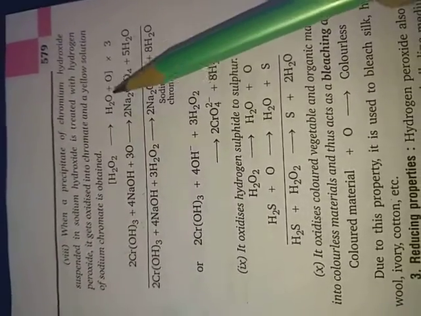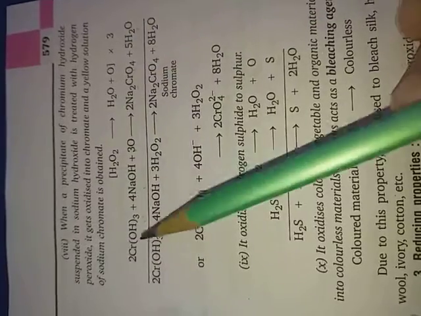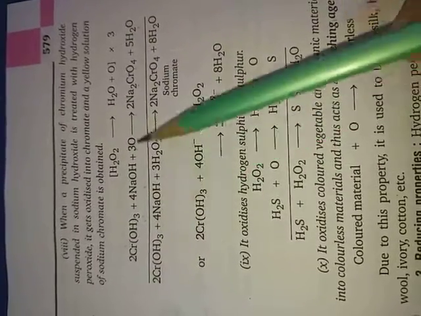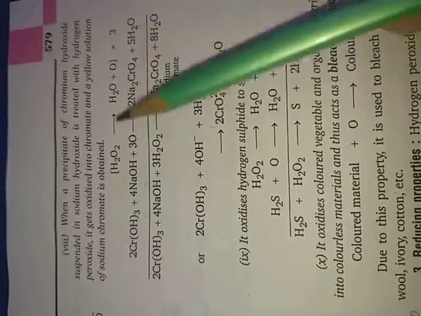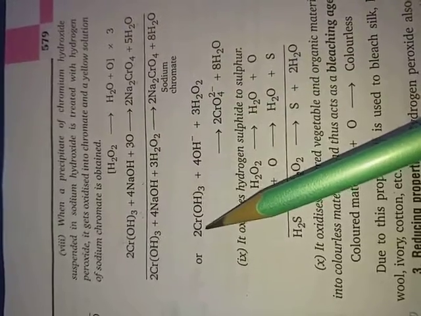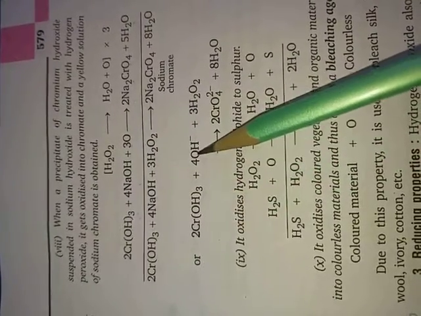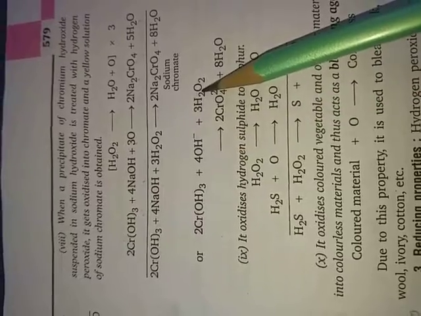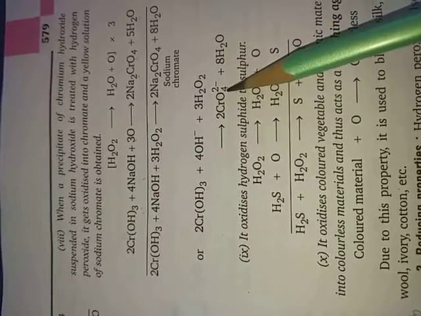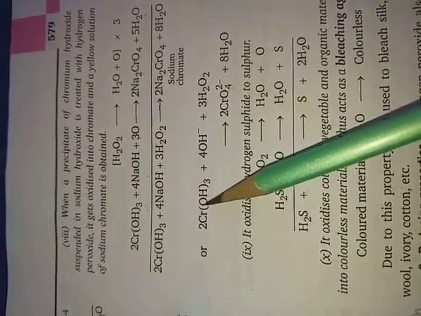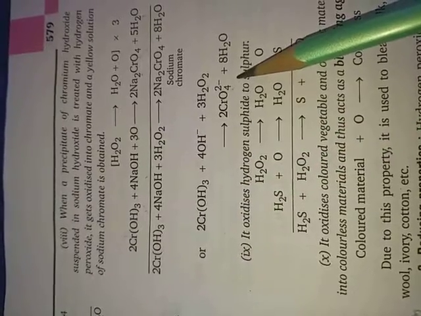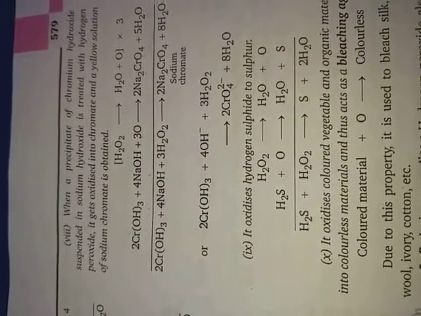Okay, so we have to multiply this equation by 3, according to the need of the reaction. So here, chromium hydroxide, OH minus, hydrogen peroxide, is changing to chromate ion CrO4. From Cr plus 3 to Cr plus 6 we are getting oxidation.